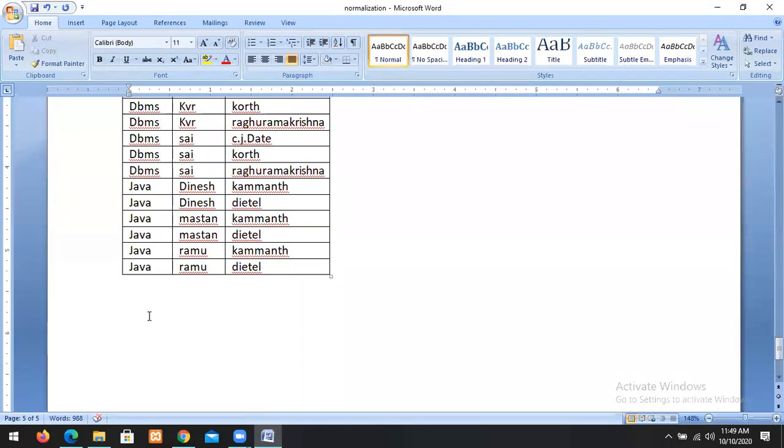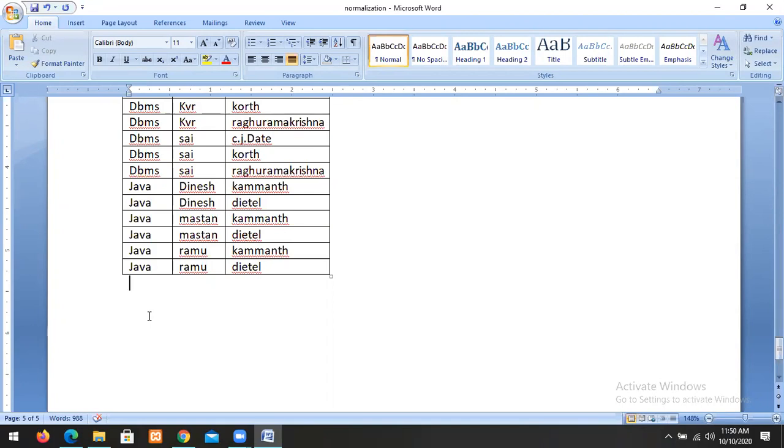So here this relation has multi-value dependencies. Who are the teachers who taught DBMS? There are 2 teachers, KVR and Sai. So for each attribute there is a set of values of teacher. For example, for DBMS we have 2 teachers. What are the textbooks for DBMS? Korth and Raghu Ramakrishnan.